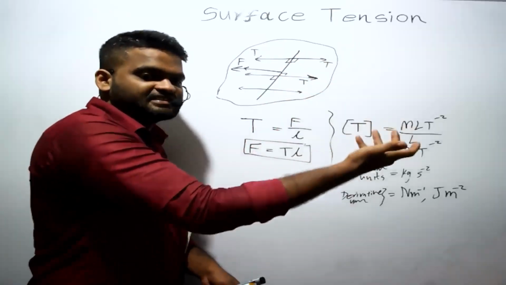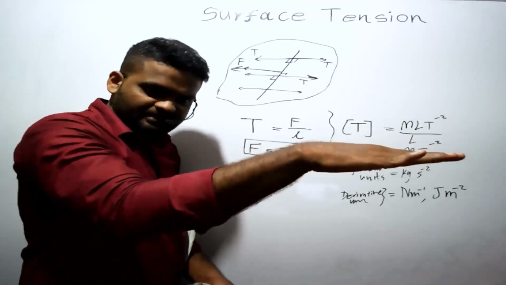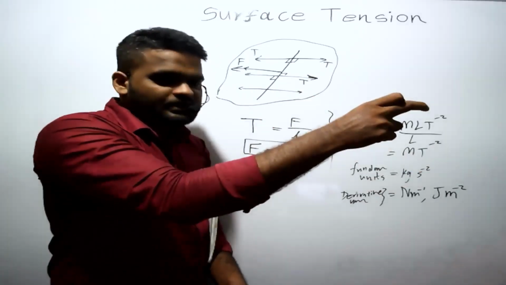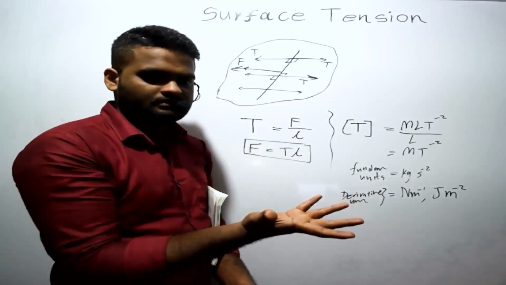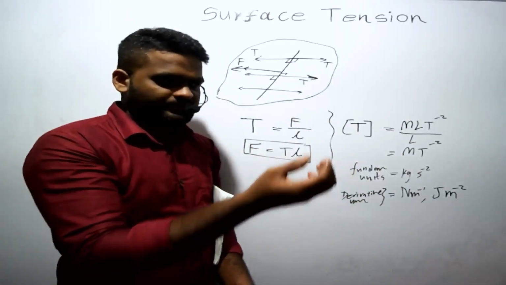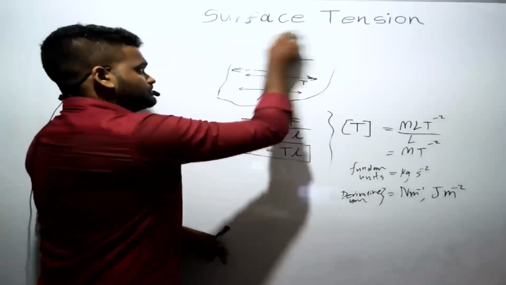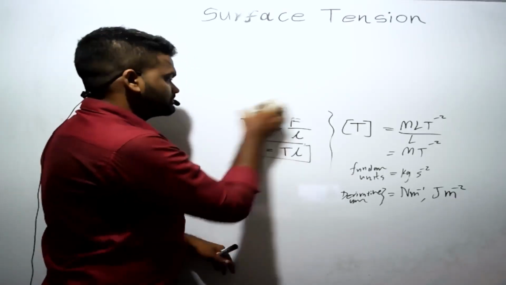When you place a needle on the liquid surface and increase the temperature, after a while the needle would sink. Why? Because the heat decreases this T, capital T.